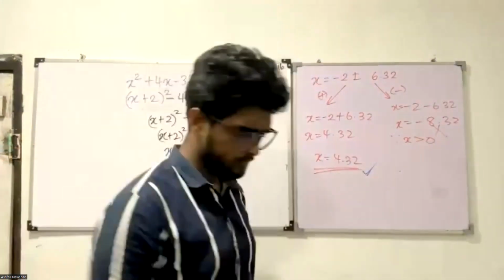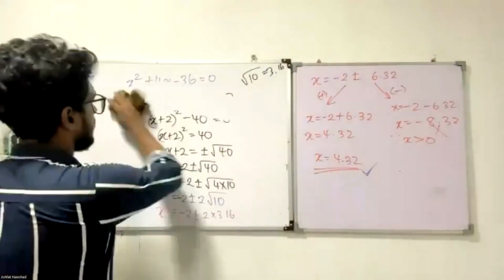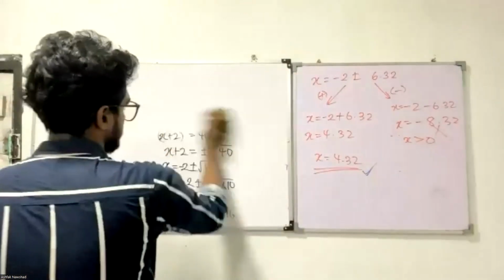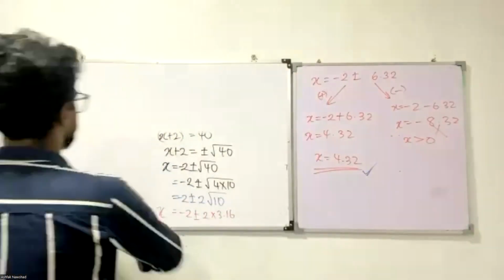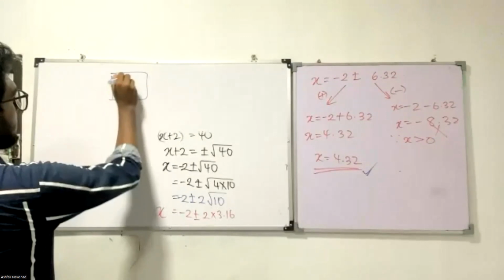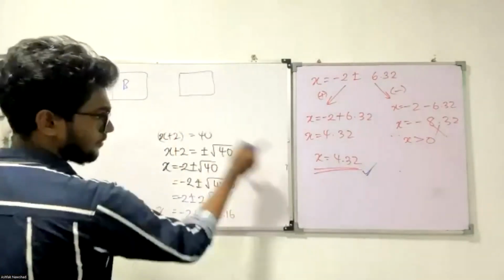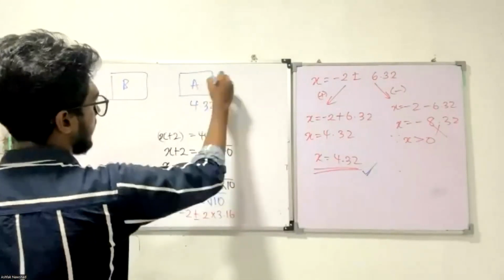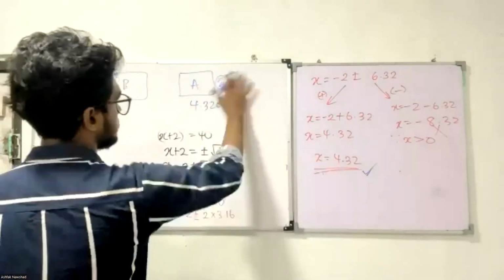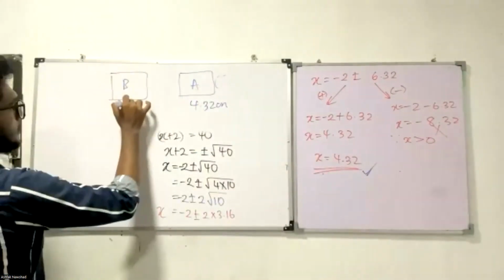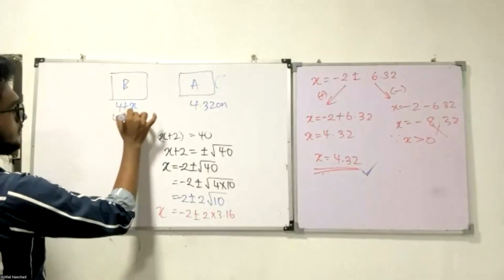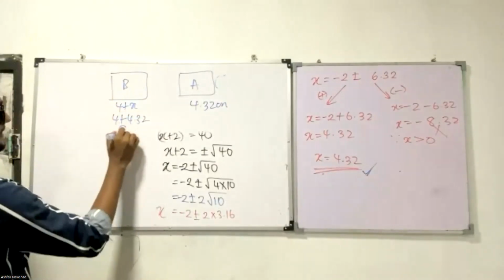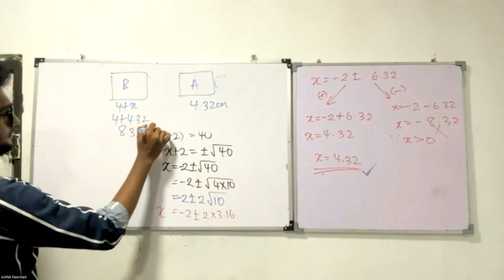Right. So the difference in areas, see, there are two laminas, B and A. Now we know the side length of A. A is 4.32 centimeters because A was x. We found the value of x. B is 4 plus x, which means 4 plus 4.32. That is 8.32 centimeters.